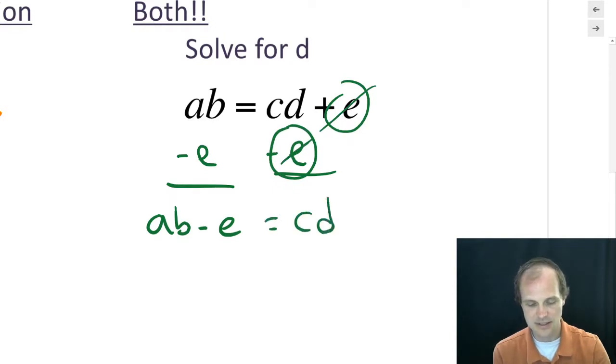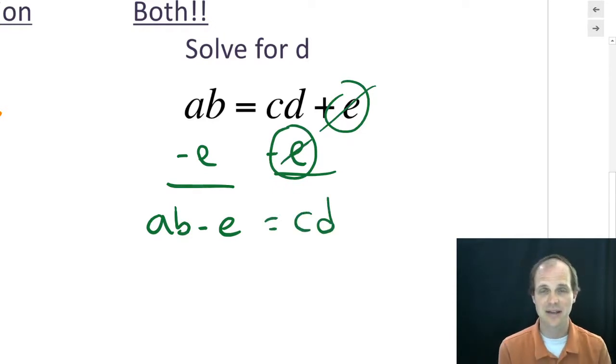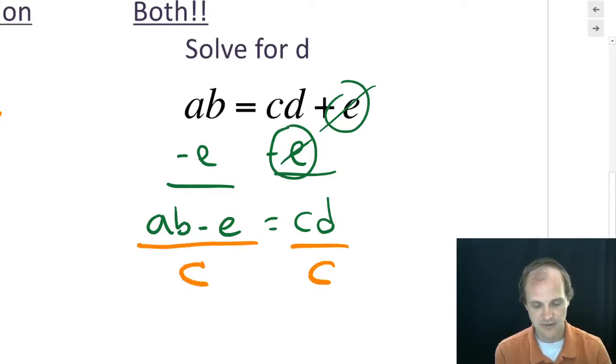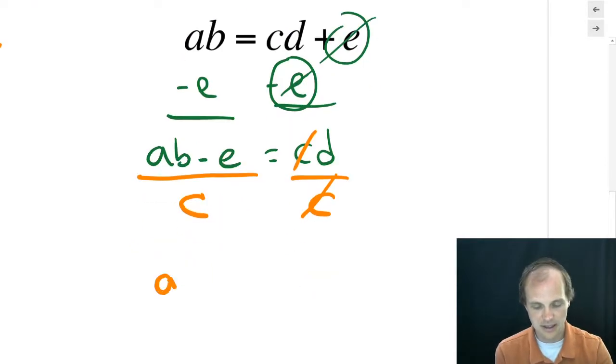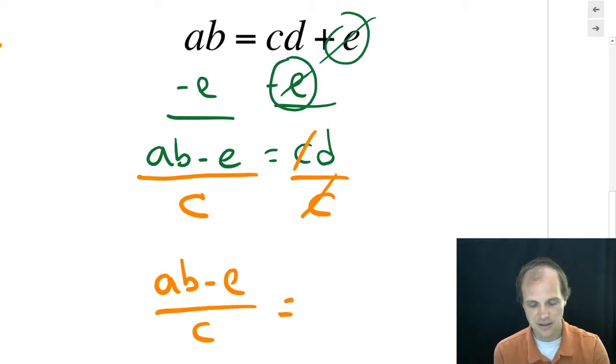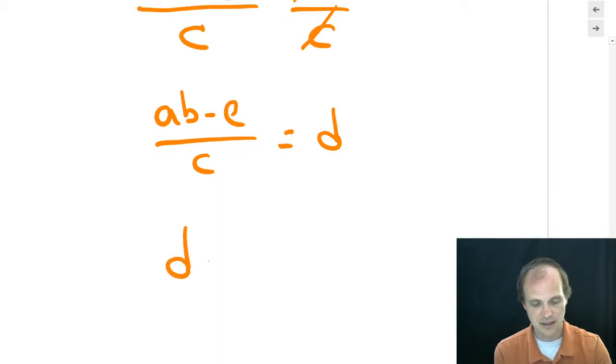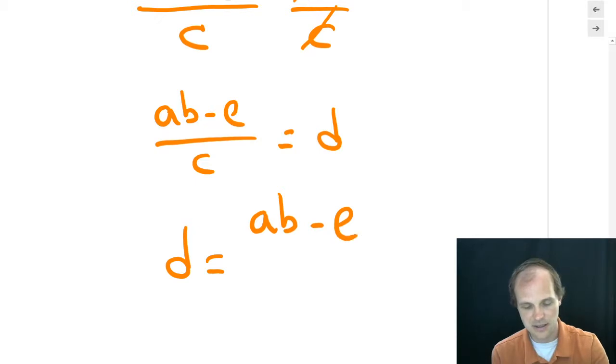So I just get cd on the right. Now I can divide by c in order to get d all by itself. So my c's cancel over here, and I get that ab minus e over c is equal to d. And I can flip that around, as I said, and write it this way, d equals ab minus e over c.